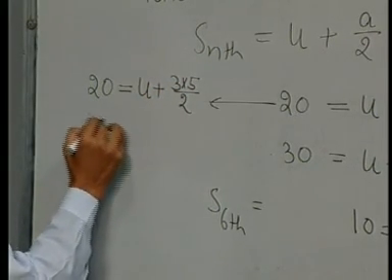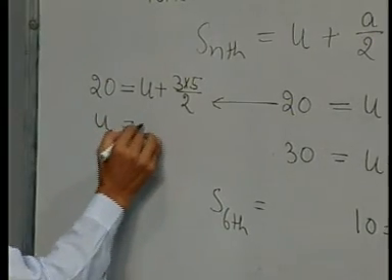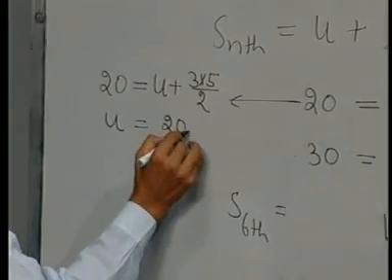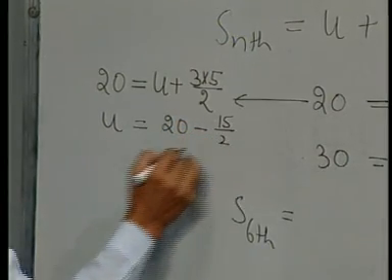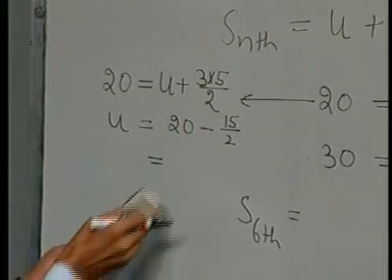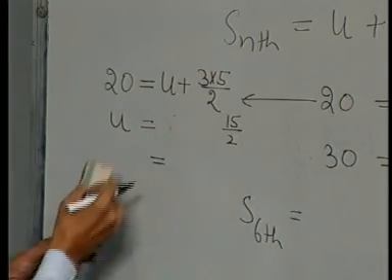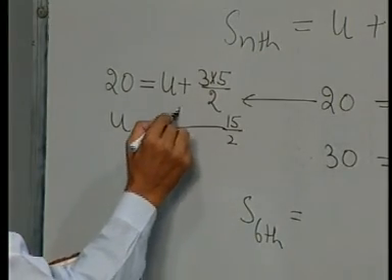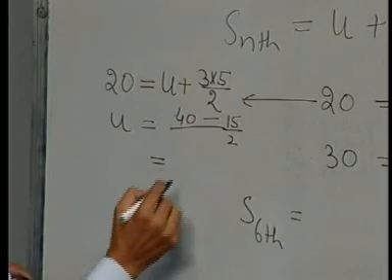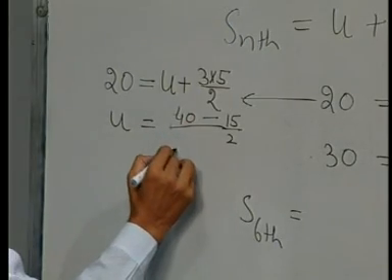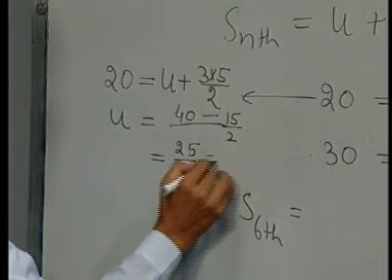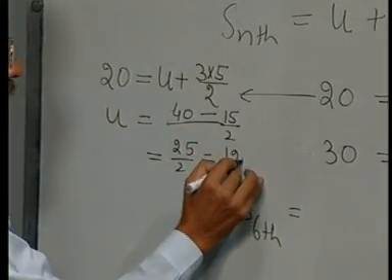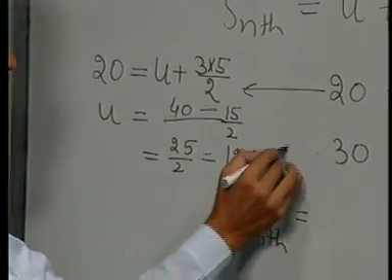So, u is equal to 20 minus 15 by 2. Taking LCM 2, we can write this as 40 minus 15, 25 by 2. So, u is equal to 12.5 meter per second.